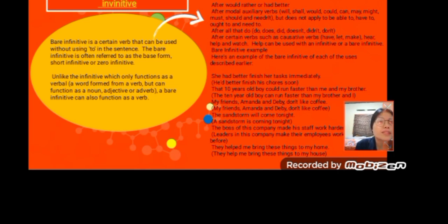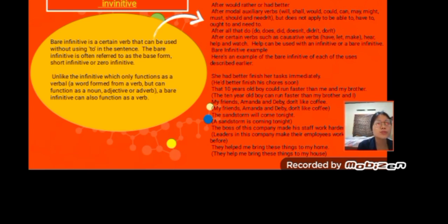The bare infinitive can be used in the following situations. For example, after would rather or had better. And after modal auxiliary verbs will, shall, would, could, can, may, might, must, should, and needn't, but this does not apply to be able to, had to, ought to, and need to.